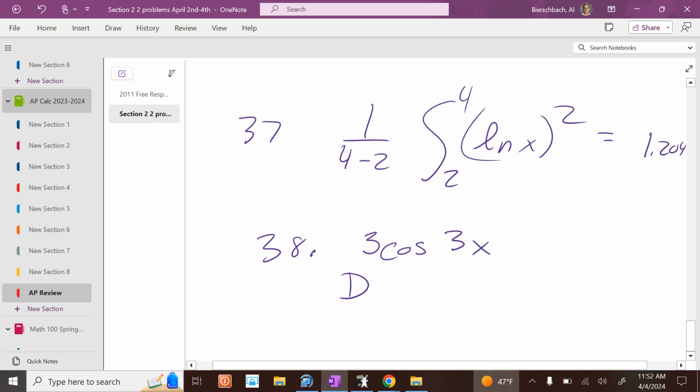It's negative and going towards the x-axis, because if it's decreasing, it's going towards the x-axis. If it's increasing, it's going away from the x-axis. So it would be choice A.